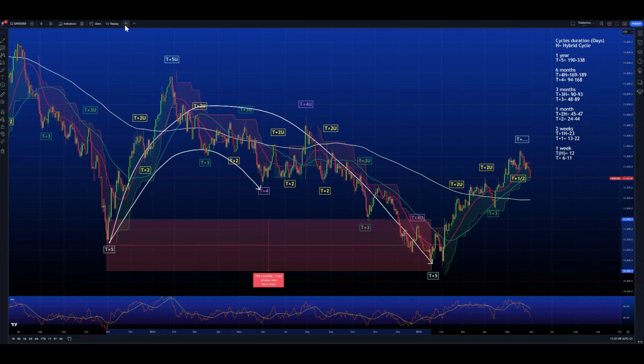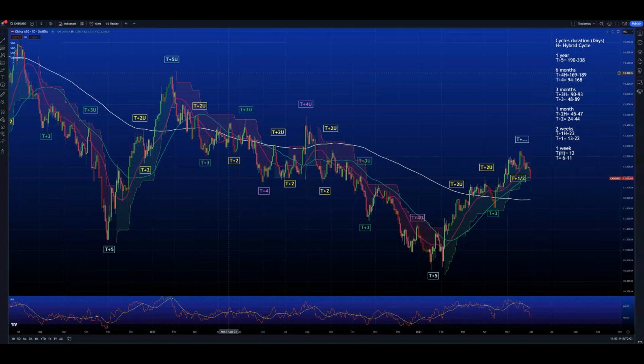Now, if we look also to the upward cycle that we always have to implement in our analysis, we see the following.